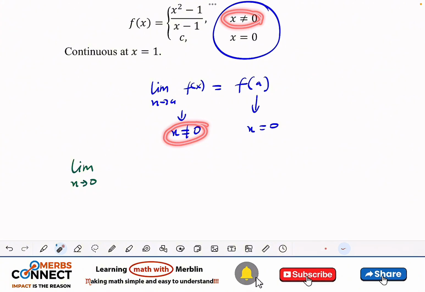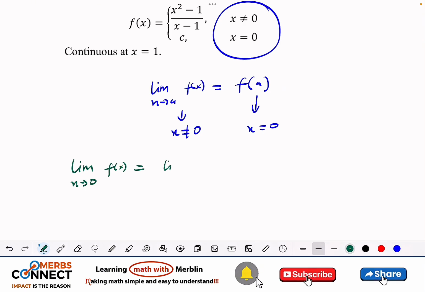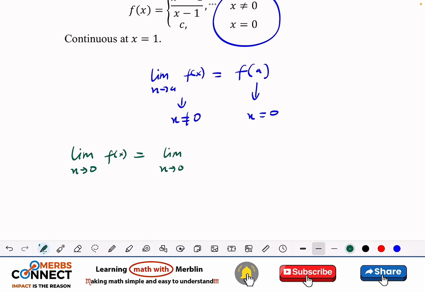X can never be 1. So x should be approaching 1. And then the function f of x is this one here. So I'm going to have x squared minus 1 divided by x minus 1.